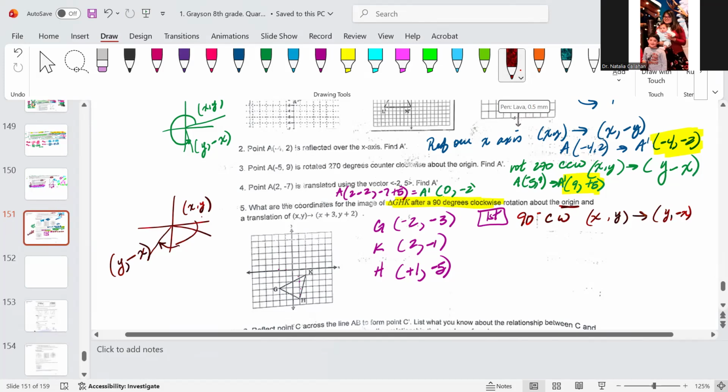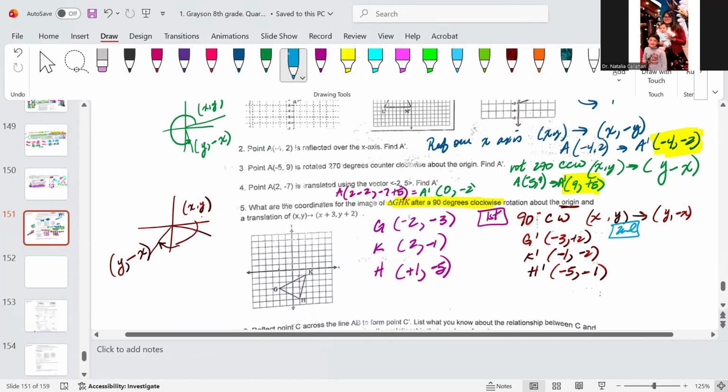Okay, and so then your G prime will be -3, +2. K prime will be -1, -2. H prime is -5, -1, correct? That's your first translation.